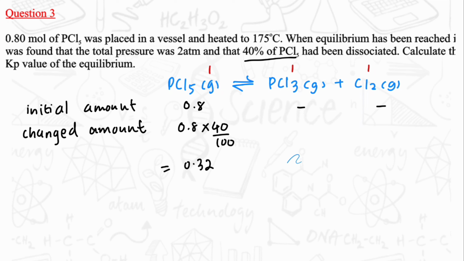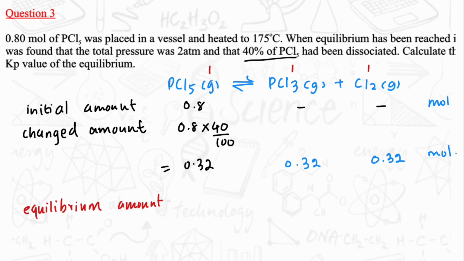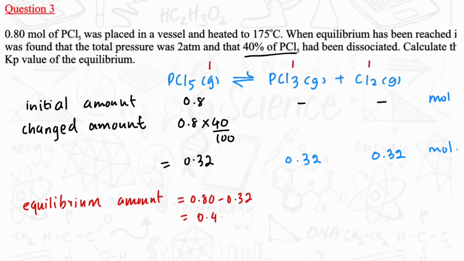Therefore, here should be 0.32, and here also it should be 0.32 moles. And then the equilibrium amount, 0.80 minus 0.32, 0.48. And here the equilibrium amount is the same as the changed amount, that is 0.32. And here also it is 0.32 moles.